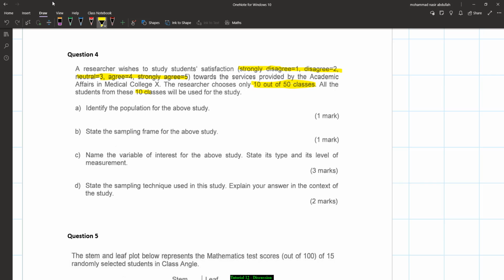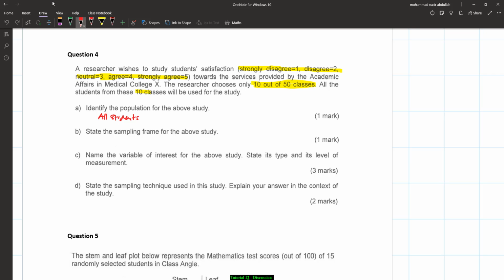So what is the population of the study? All apa? All students. All students from 50 class.